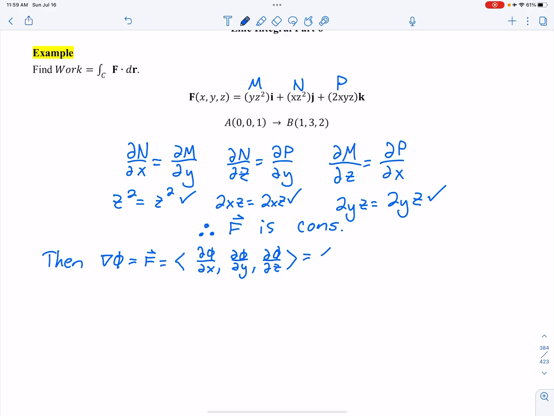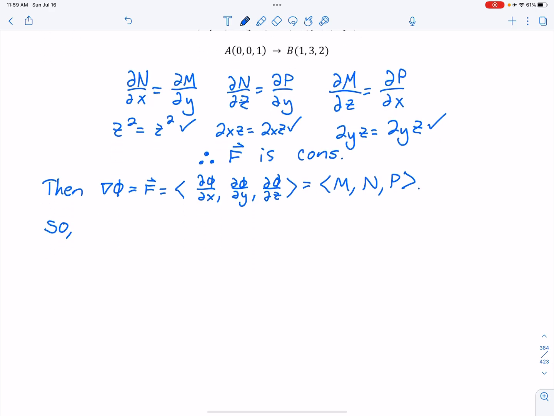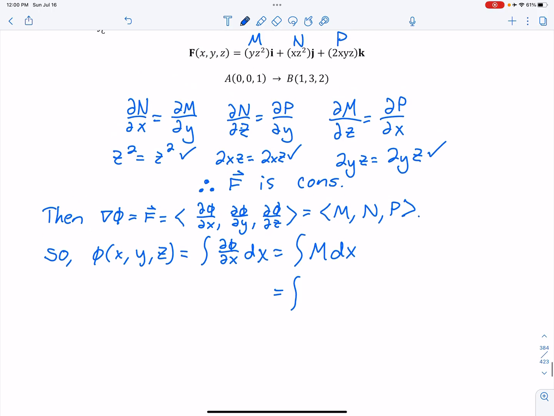And this is equal to M, N, P. So we're going to work backwards from that. So phi of x, y, z is equal to the integral of the partial of phi with respect to x dx, which is the integral of M dx. We can go ahead and replace that with M, which is yz squared.